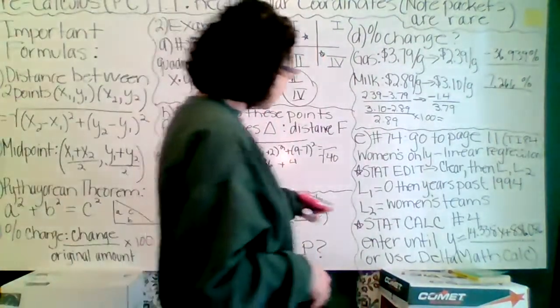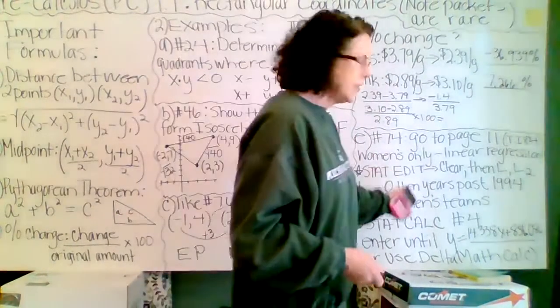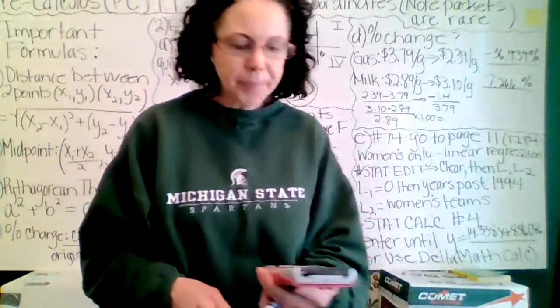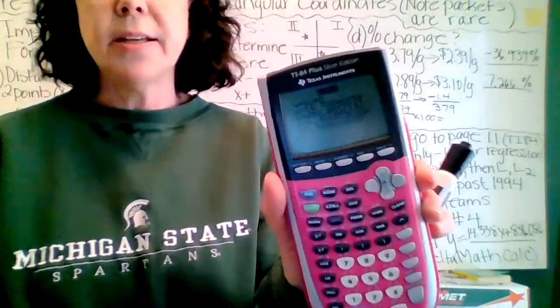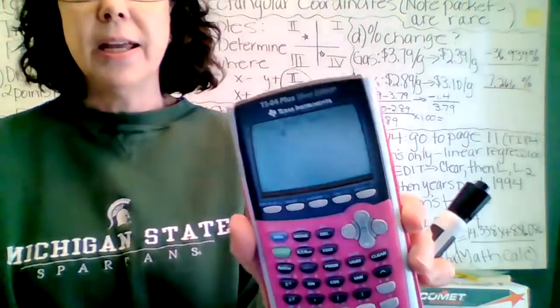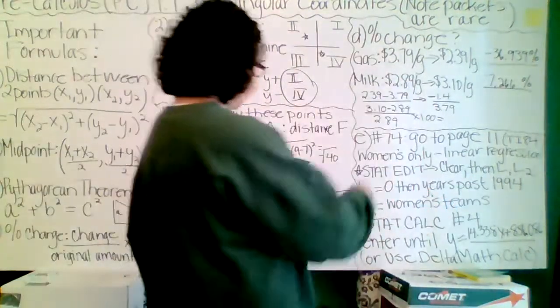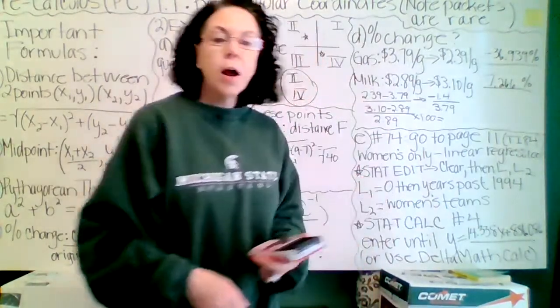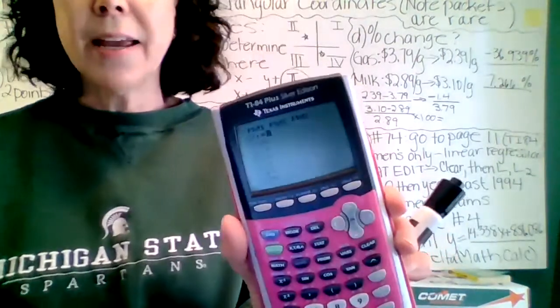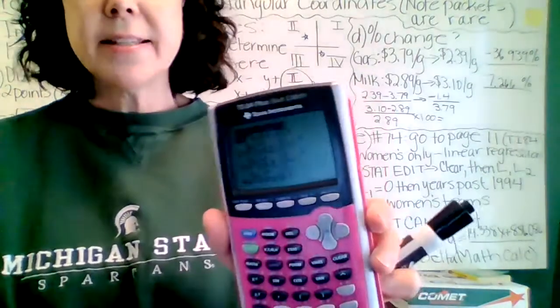Now, to graph the data, I didn't have room to fit it, but it is in materials. The first thing we would do is make sure our y equals is clear, and it is. Now, if we want to plot the statistics that we had in the calculator, we go to second y equals, that is stat plot.